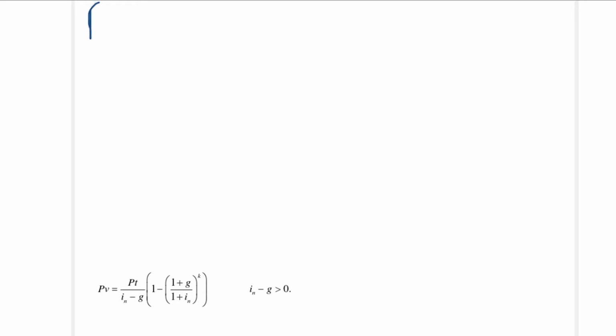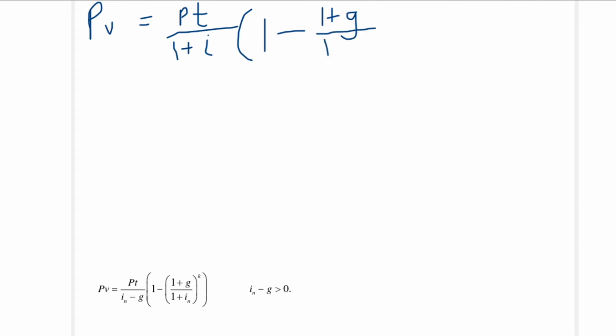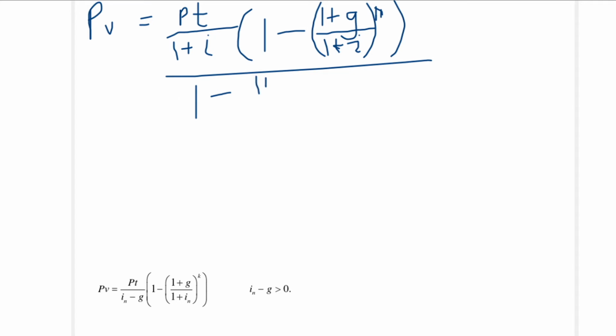Okay, so my present value is then A times 1 minus R to the n, and my R is 1 plus G over 1 plus I, over 1 minus R. Okay, and I can now rewrite it like this.